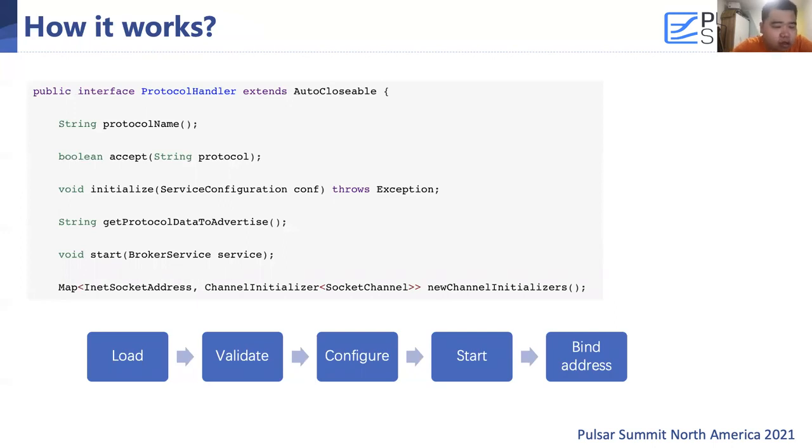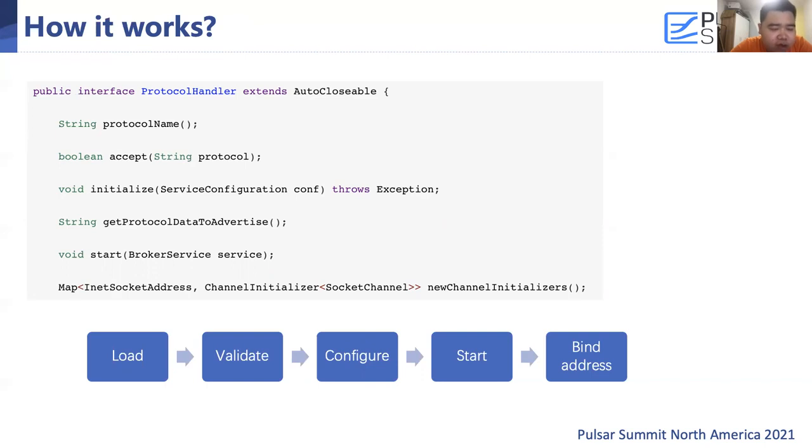So how does it work? Kafka on Pulsar actually implements an interface named ProtocolHandler. These are the steps when a broker loads the Kafka on Pulsar protocol handler.